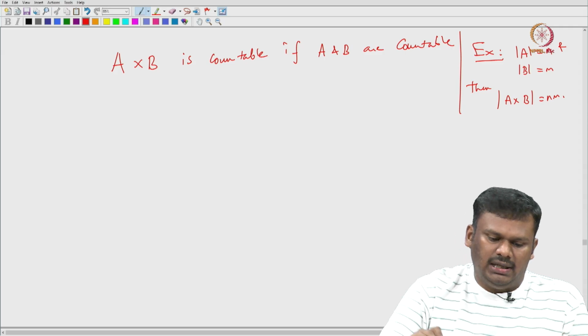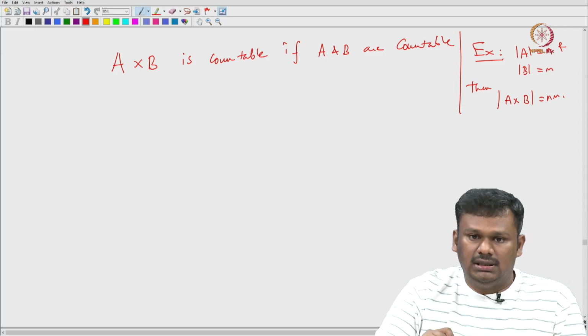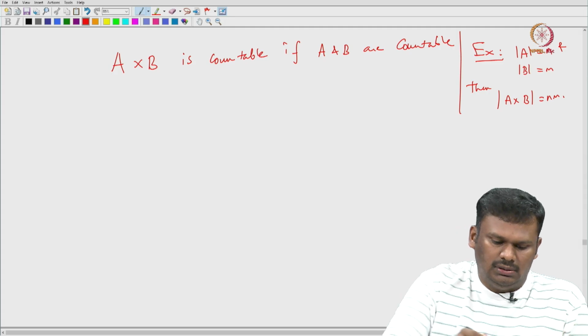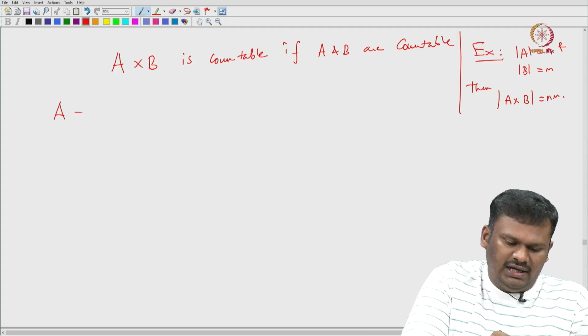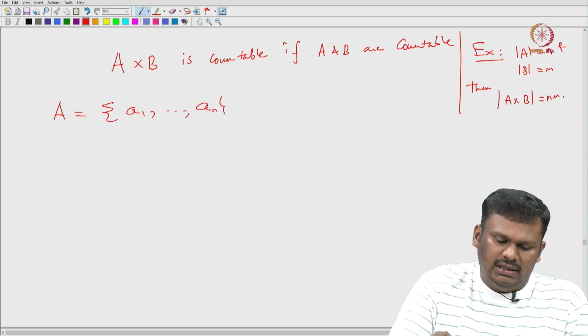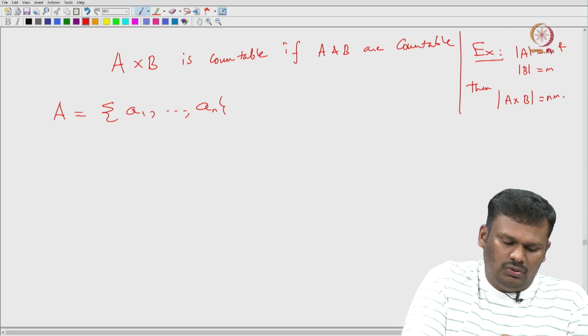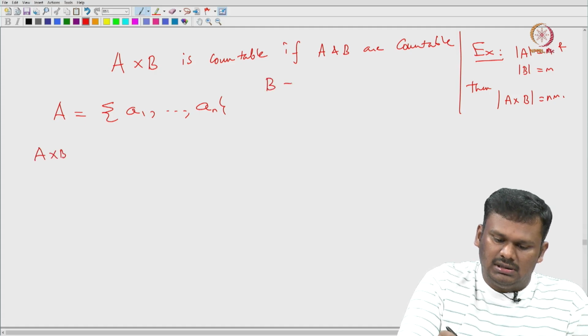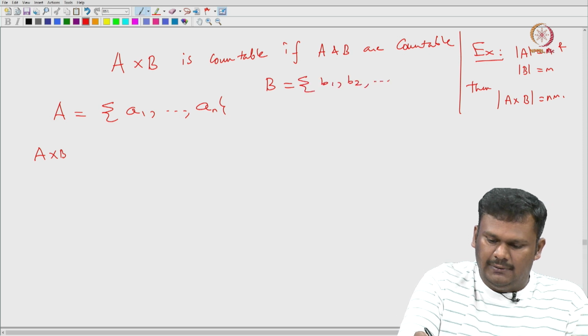If one of them is finite, it is not very difficult to prove. So, for example, if A is finite, you can write it as A1 etc. up to AN. Then it is clear how to write the A cross B elements, because B is countable, so you can write B as B1, B2 etc.